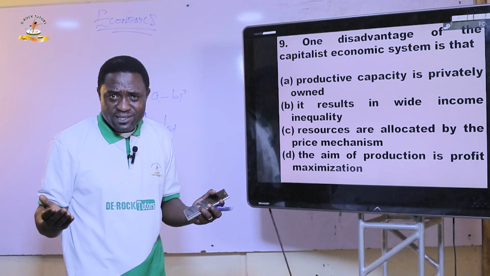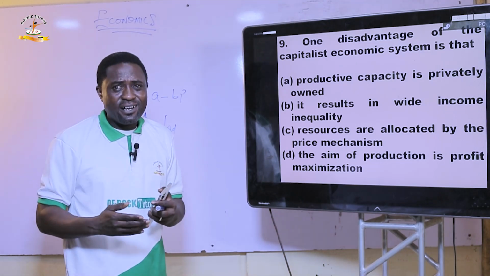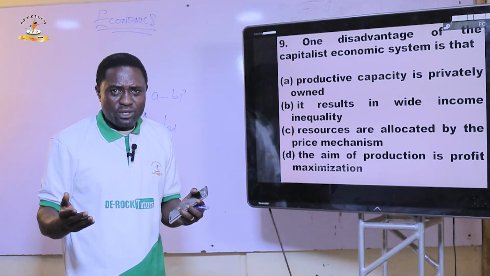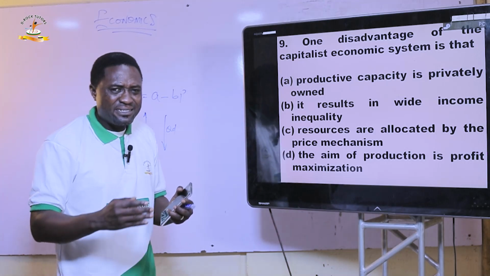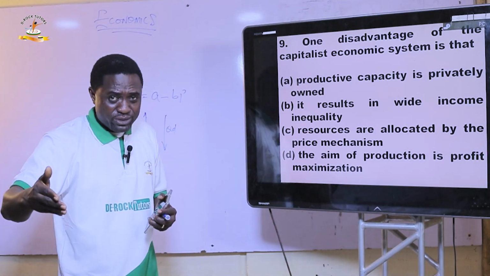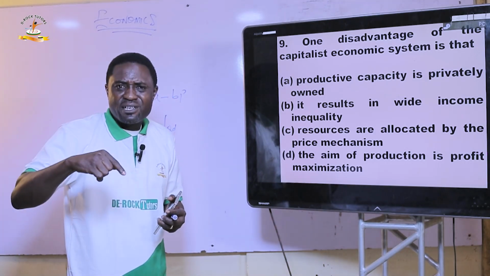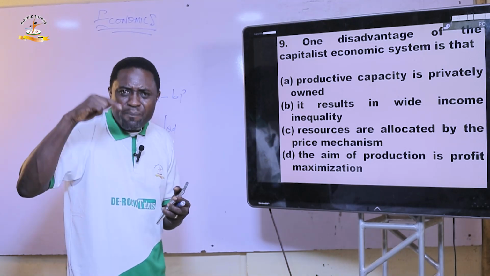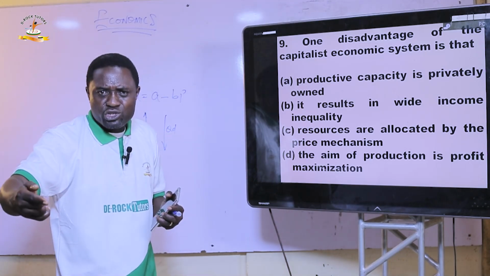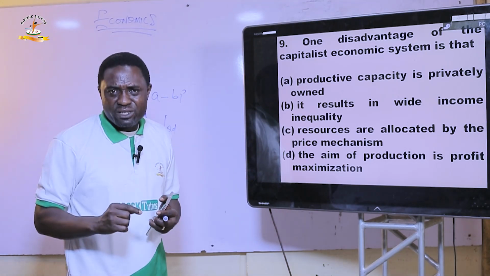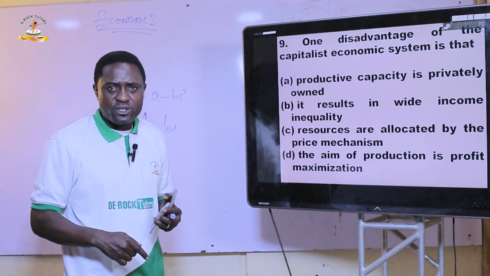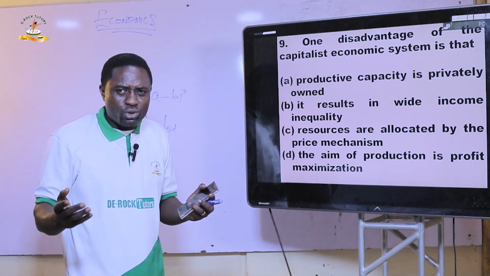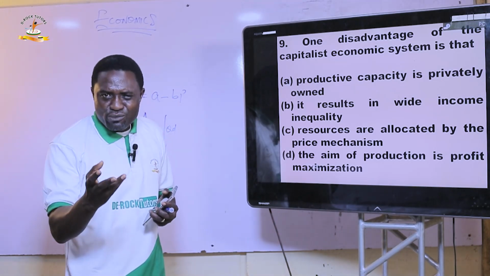You understand? USA, UK, Australia, Canada. They are all practicing capitalist economy. It is a way whereby the means and distribution of production is controlled by a private individual.